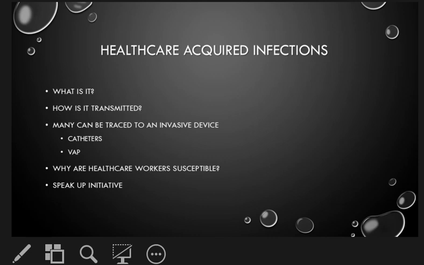Now gloves protect the nurse and somewhat the patient, but regular old gloves are mainly to protect the nurse from exposure. The Joint Commission has an initiative called the Speak Up Initiative, and this means speak up if you see someone breaking sterility or doing something that could cause an infection.